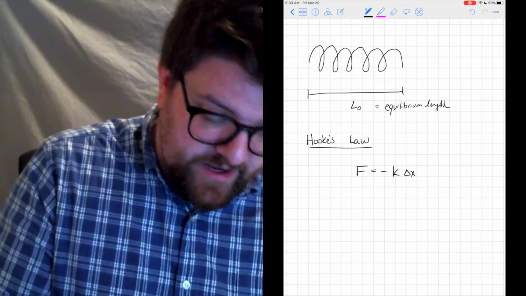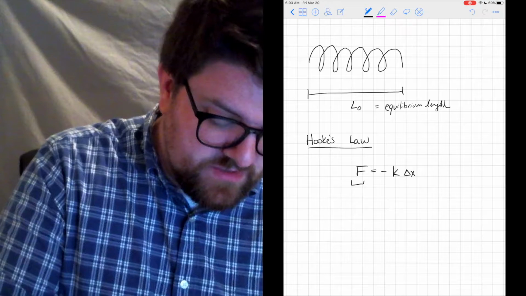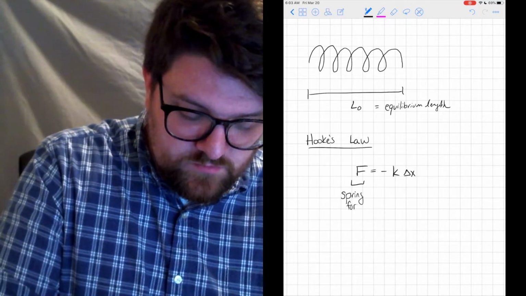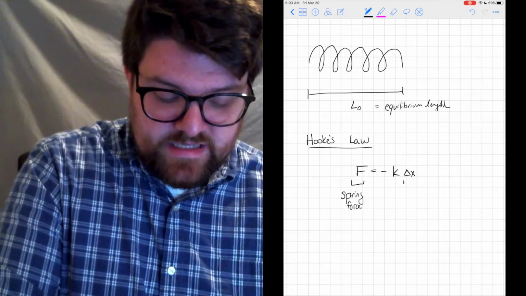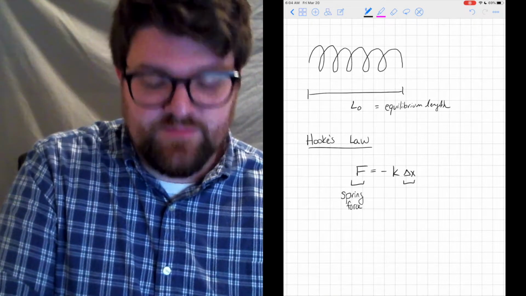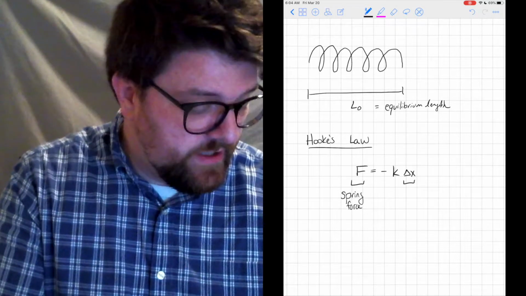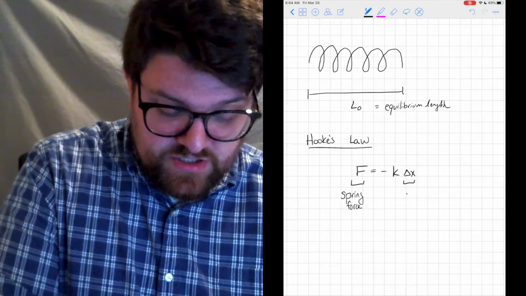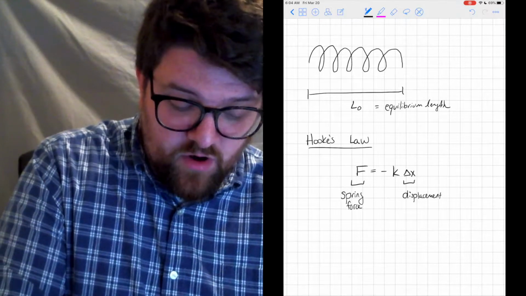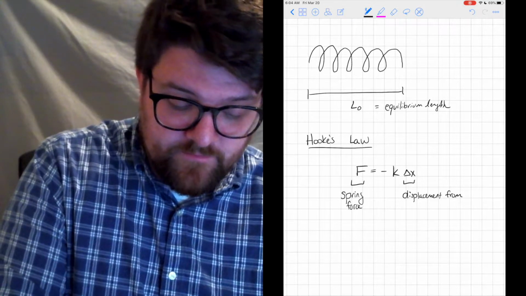So let's break this down. Obviously I have some sort of force. This is our spring force. I have this delta x. Delta x here is the distance past equilibrium. Actually, it's displacement from equilibrium.